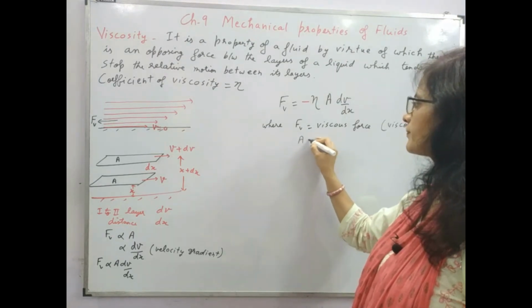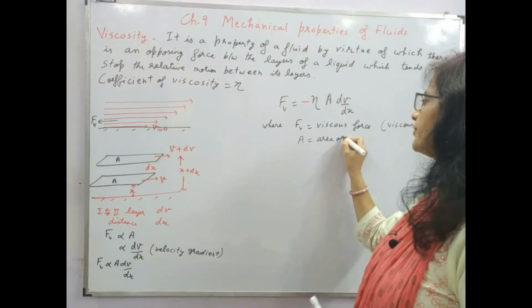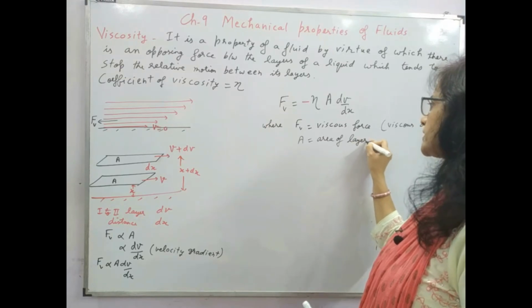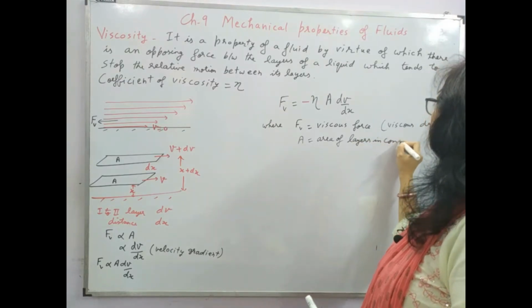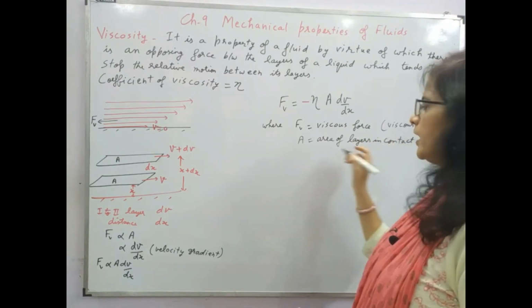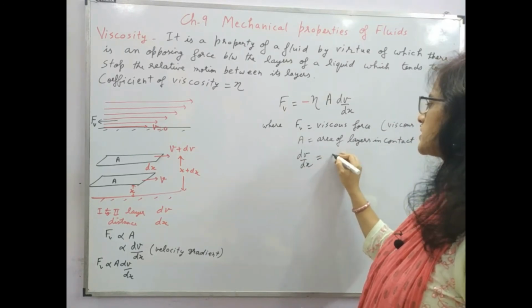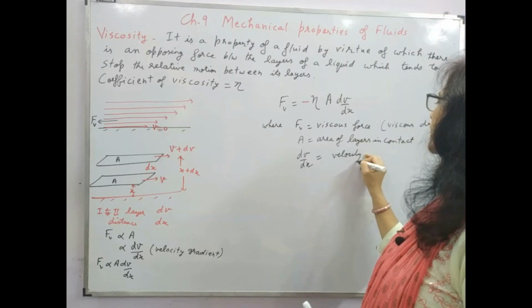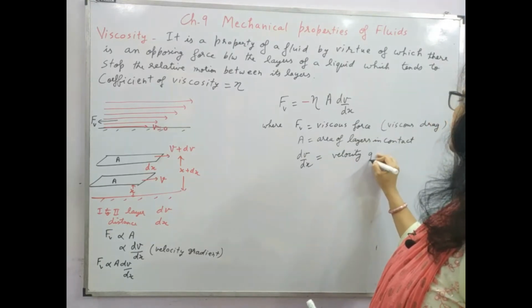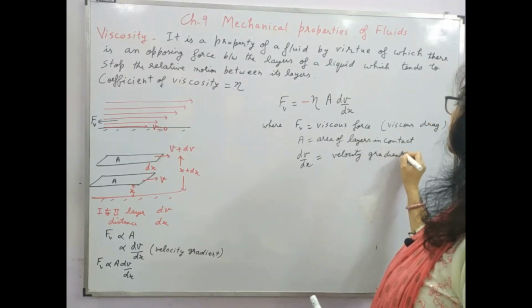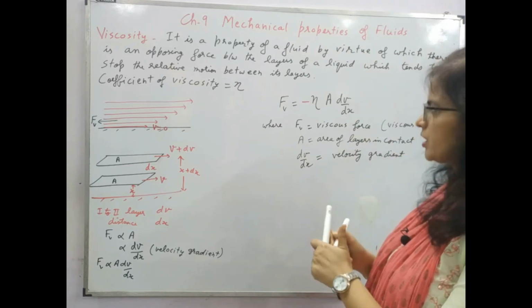A is the area of layers in contact, and dV by dx is the velocity gradient, right?